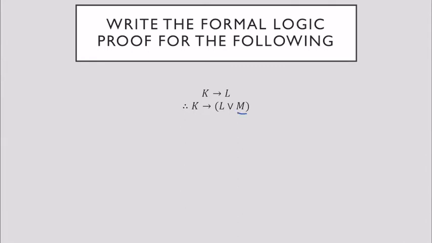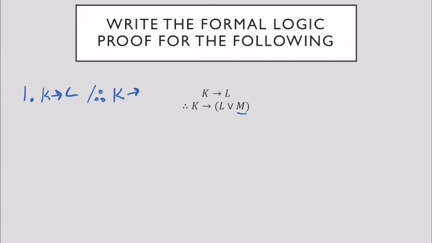I don't know where it came from, but we're going to prove it. So let's let row 1 be K implies L, and we're trying to prove K implies L or M. Now, this is different because all I have is K implies L.